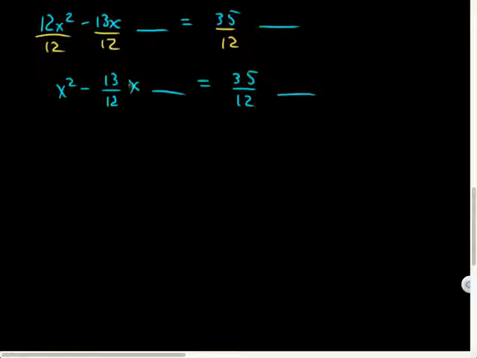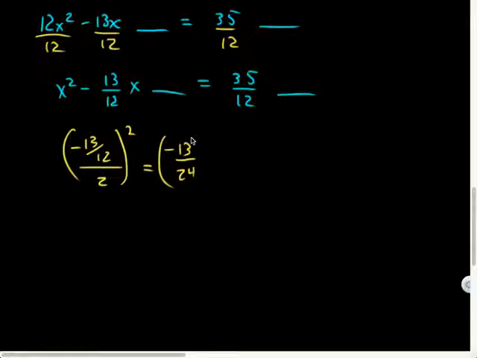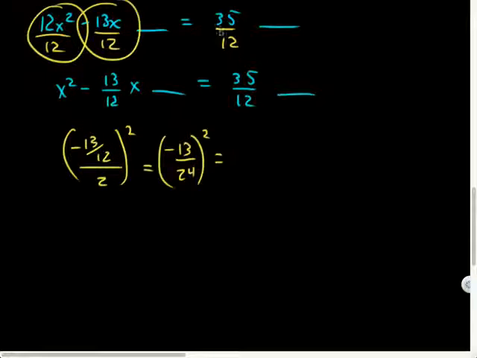So we'll find our new C term. That's going to be negative 13/12 divided by 2, all squared. It's the same as negative 13/24 all squared. Why is it negative? Because I divided both sides by 12 before in order to get a positive 1 leading coefficient.